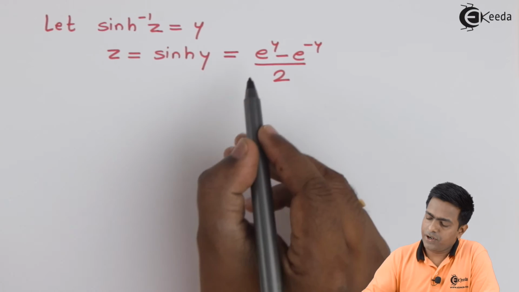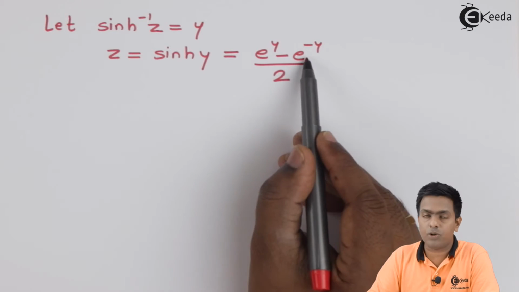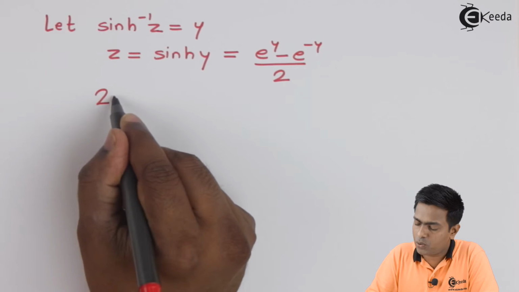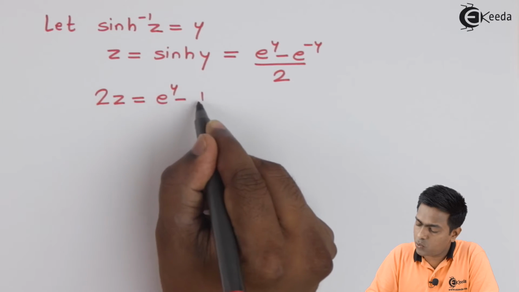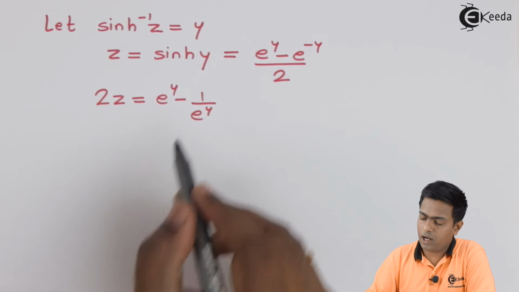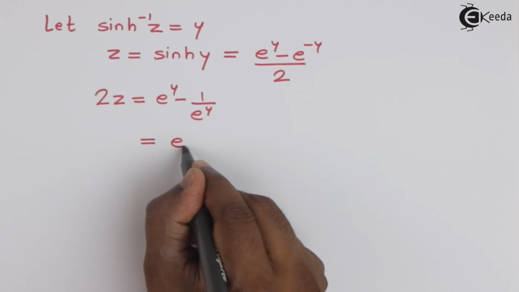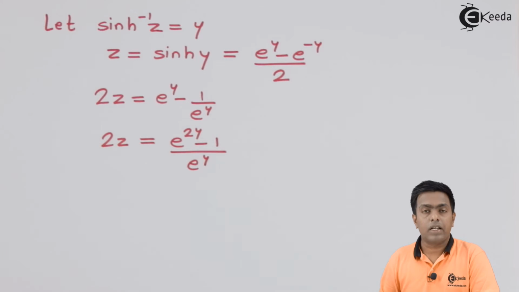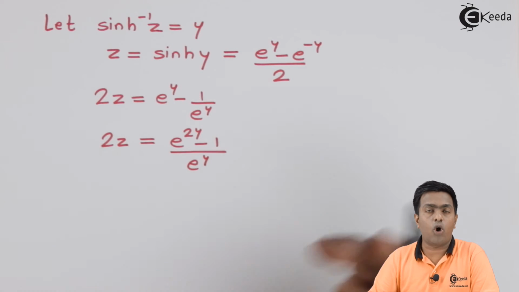So guys, here we can say that z is e to the power y minus e to the power minus y upon 2. If we cross multiply, we get 2z equal to e to the power y minus 1 upon e to the power y, which is e to the power minus y. Now by taking the LCM, we will do the cross multiplication and take all terms on one side.